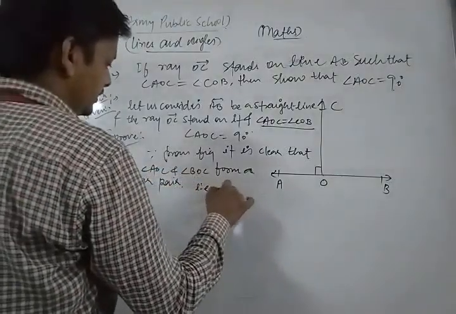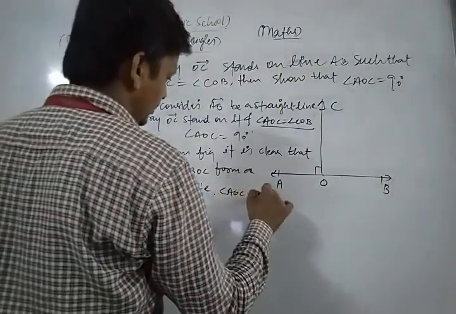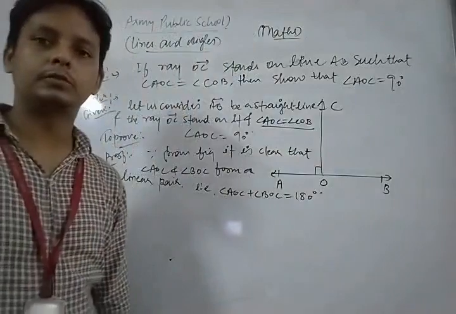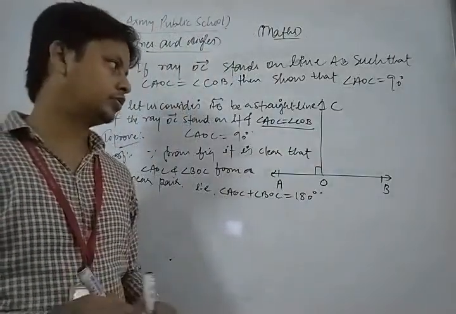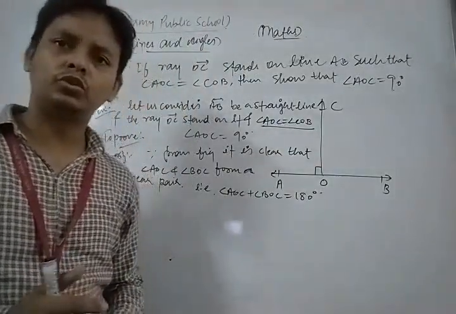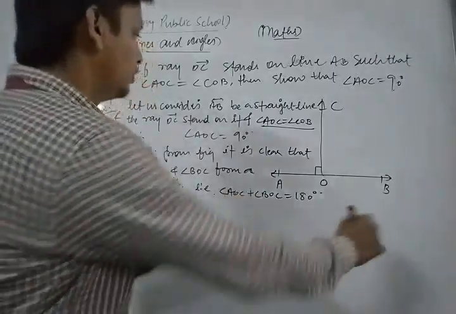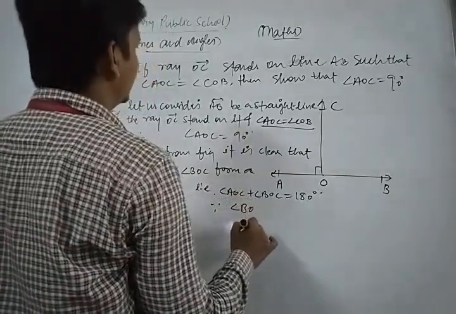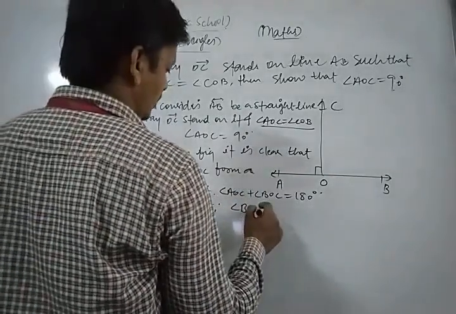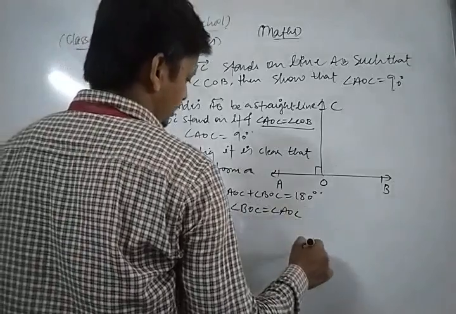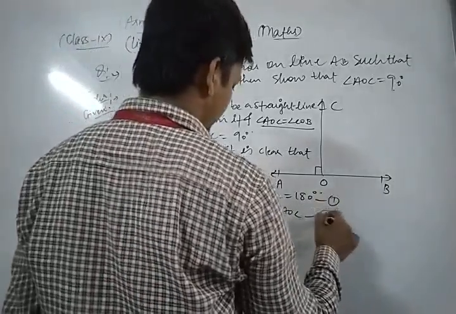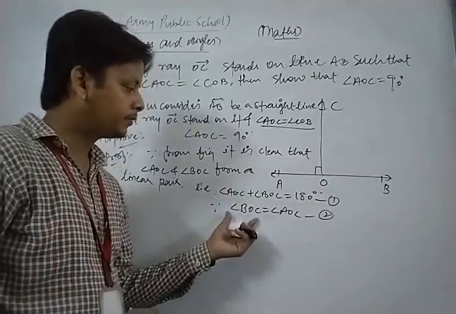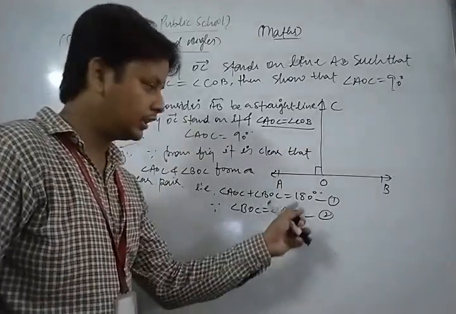That is, the sum of their measures, angle AOC plus angle BOC, is equal to 180 degrees. Now since angle BOC is equal to angle AOC, we take this as equation 2. Using 1 and 2, we put angle AOC in place of angle BOC in the given equation.